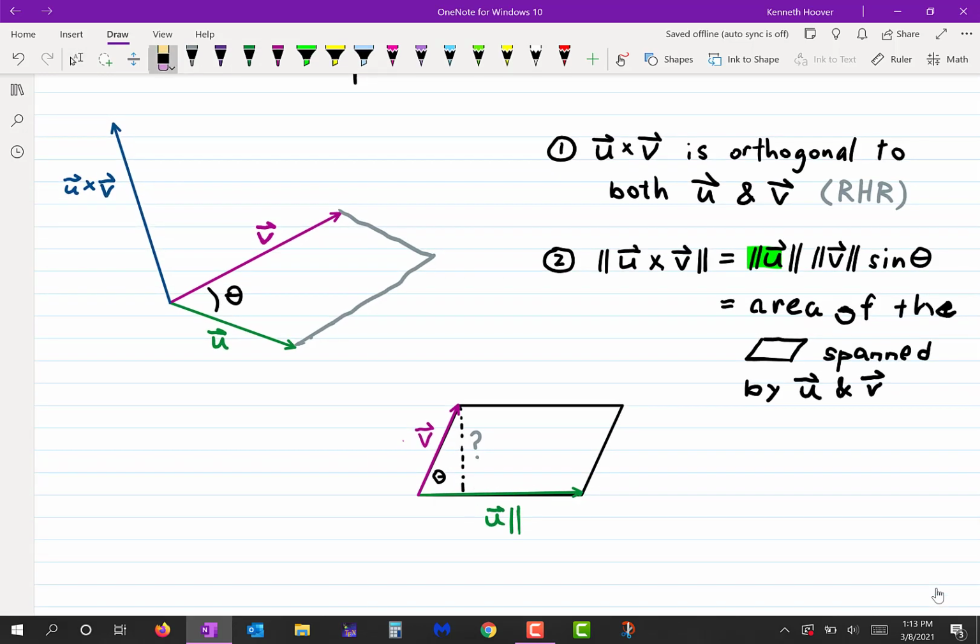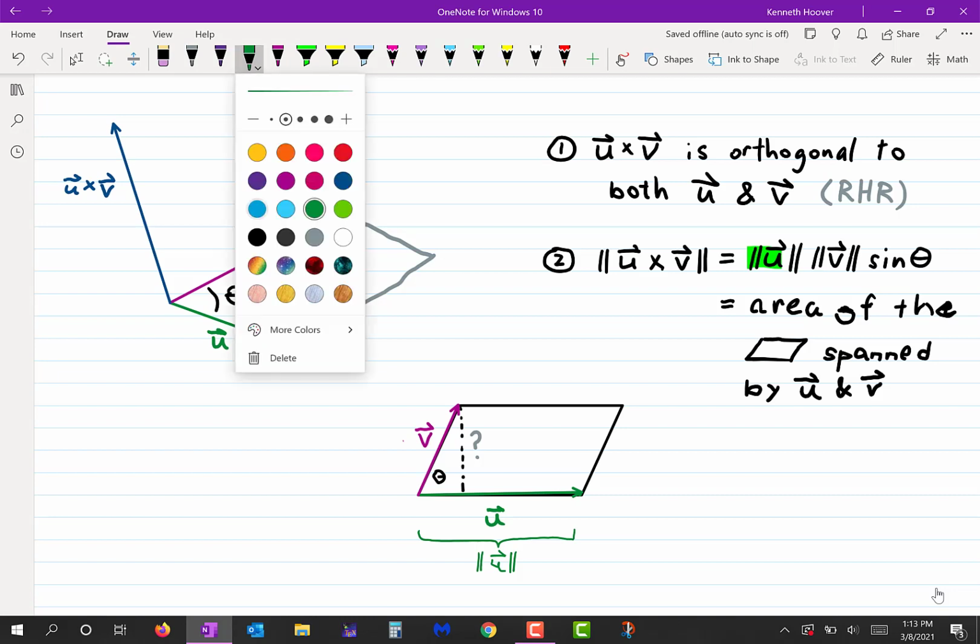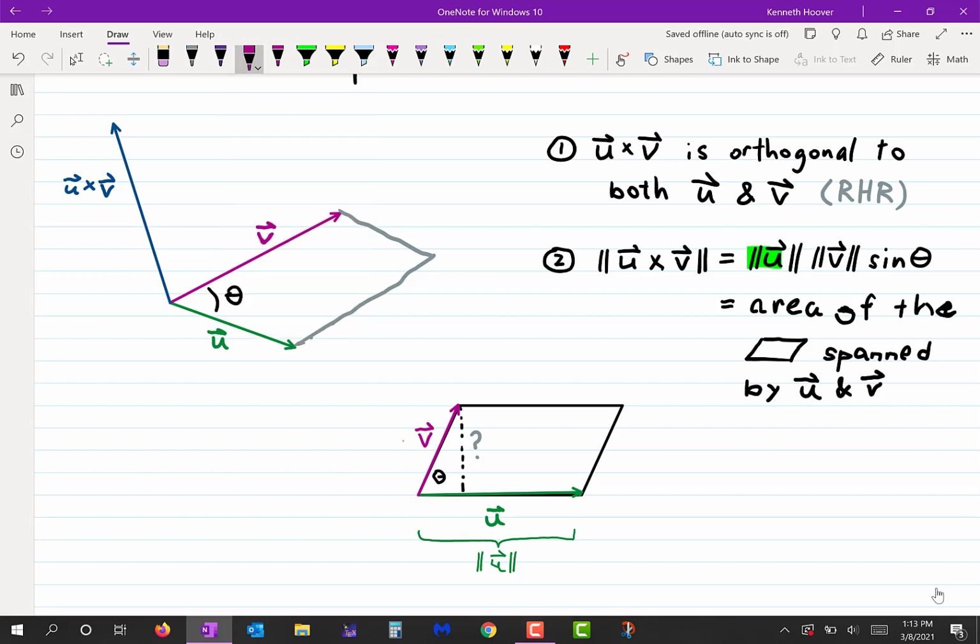So the object, which is the arrow along the bottom, is vector u. The length of that is the magnitude of vector u. Okay? All right, now, on the side, we have vector v, the object, the arrow. The length of that arrow is the magnitude of vector v.